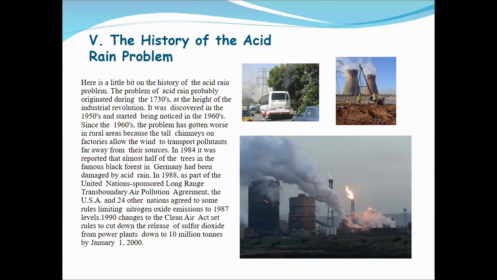Then again in 1990, changes to the Clean Air Act set rules to cut down the release of sulfur dioxide from power plants down to 10 million tons by January 1, 2000. So you see, the first history was in the Black Forest in Germany. The Black Forest was totally destroyed by acid rain due to the tall chimneys of the factories.